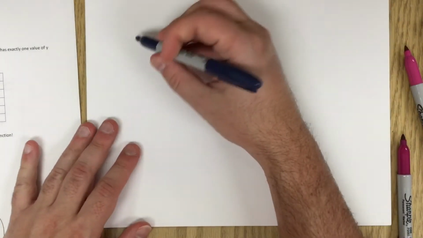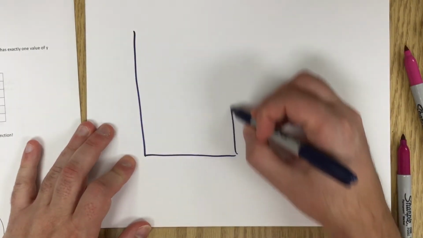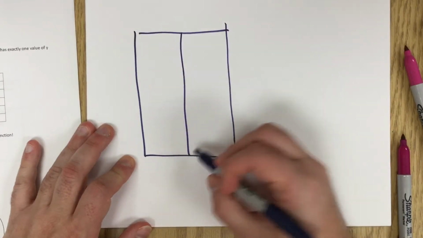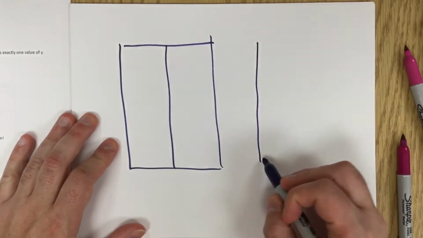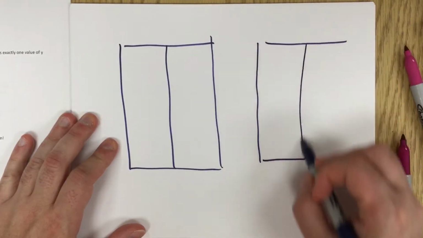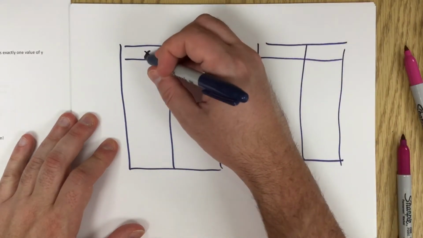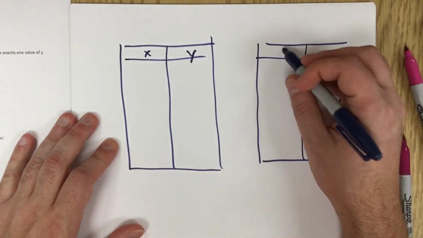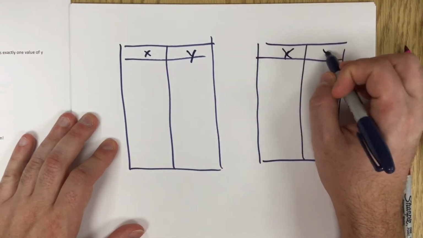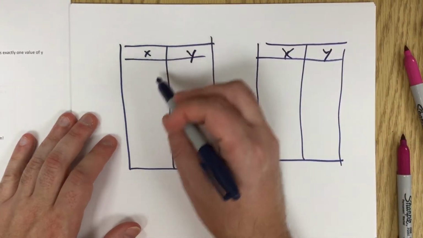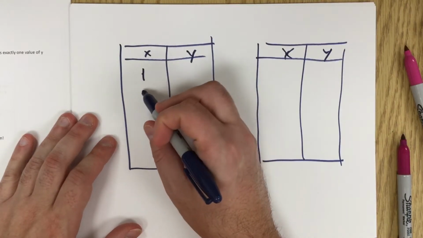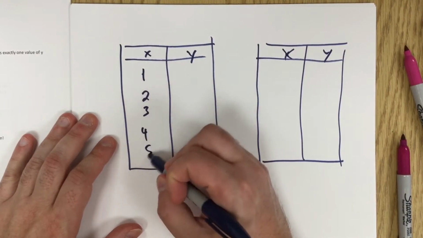So I'll do it with a table of values. X and y, so we'll say 1, 2, 3, 4, 5.